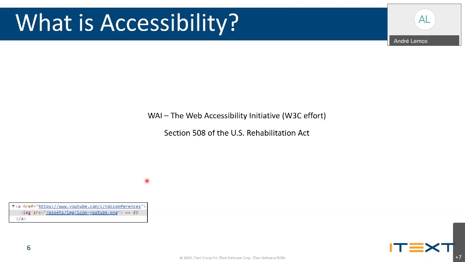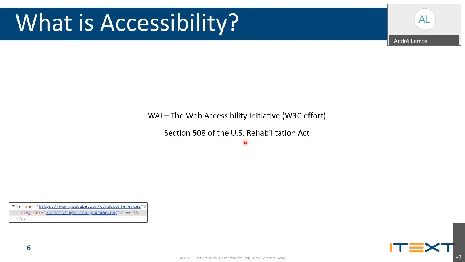So the Web Accessibility Initiative is clearly an important step, but there are other initiatives and even laws to actually enforce accessibility. You already have it up on the screen. For instance, in the United States, they have Section 508 of the US Rehabilitation Act. That identifies WCAG 2.0 level AA as its standard, among other requirements.